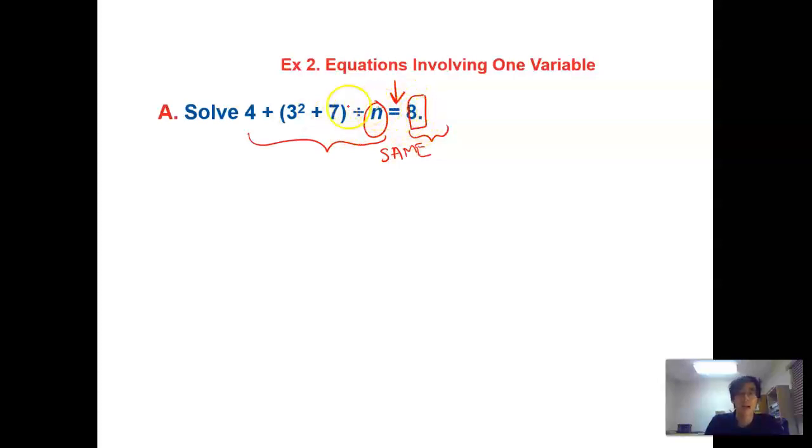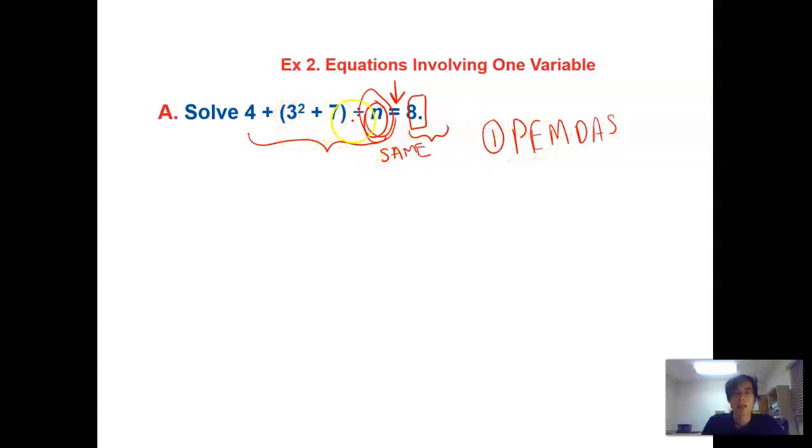And we need to simplify the expression and then move some numbers around to figure out what this mystery number is. Okay, so we know when we simplify expressions, we're going to use order of operations, which is the acronym PEMDAS. That's our first step.